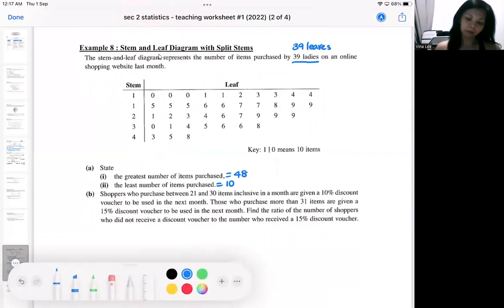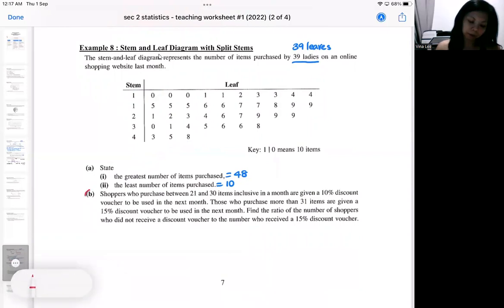Then please read the question carefully. Shoppers who purchase 21 to 30 inclusive, and if you have the word inclusive, that means it includes 30, are given a 10% discount voucher. So who are the ones with the 10% voucher? 21, all the way, 21, 24, 26.